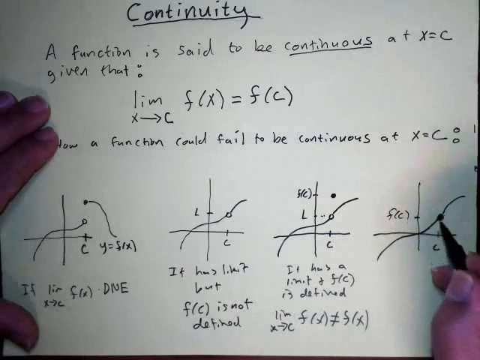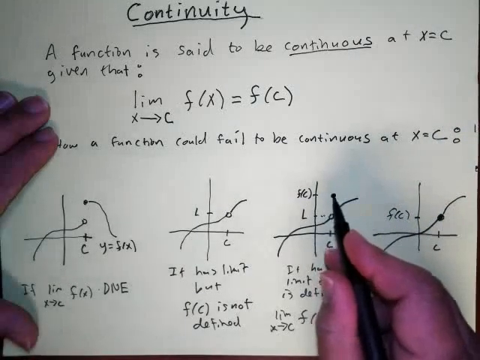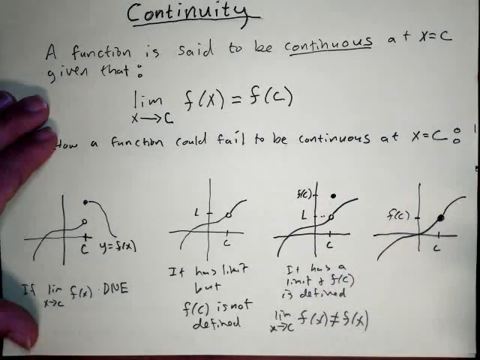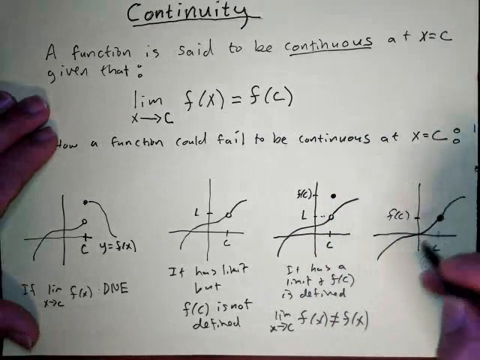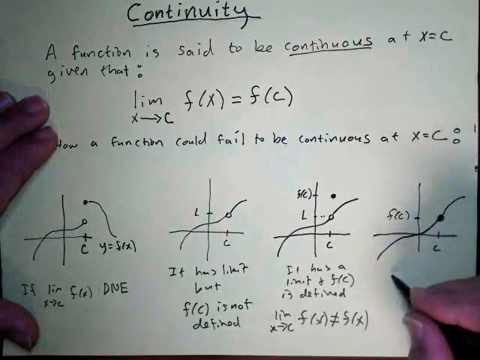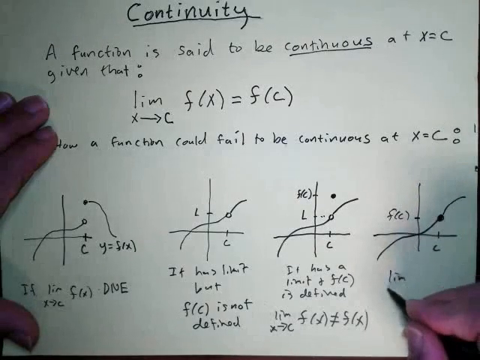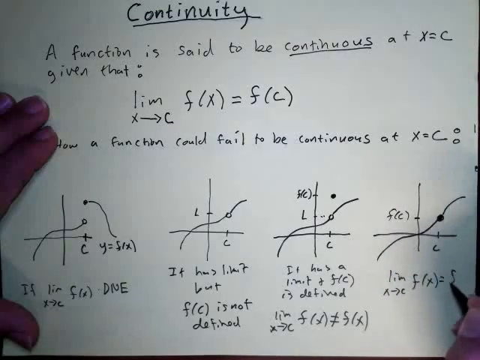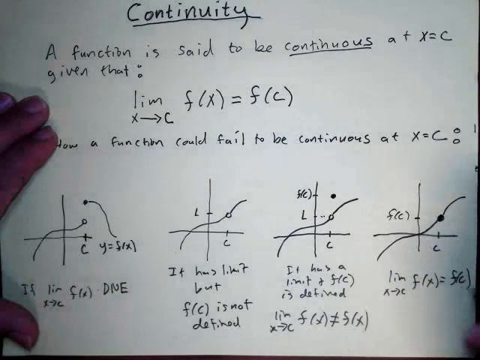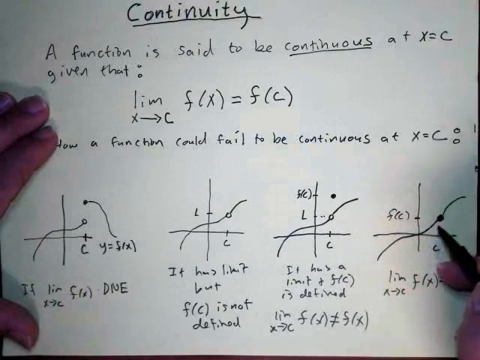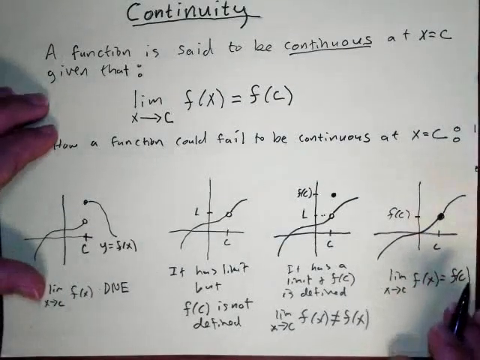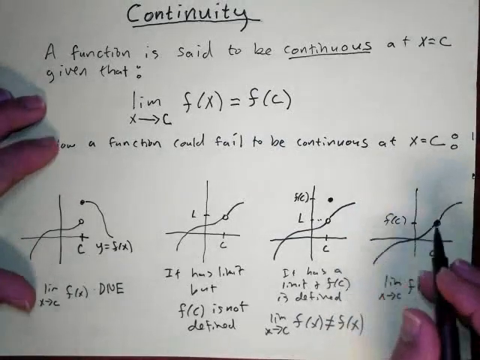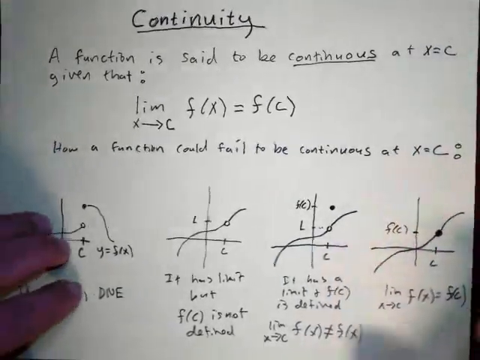So in other words, I'm taking the graph and instead of having the function be defined up here, I'm moving that point and filling in the hole in the graph. And in that case, then, it is continuous. And the reason is that the limit as x approaches c of f of x is equal to f of c. And what you have here is one continuous curve as you go through c. So that's the idea. That's what it means for a function to be continuous.